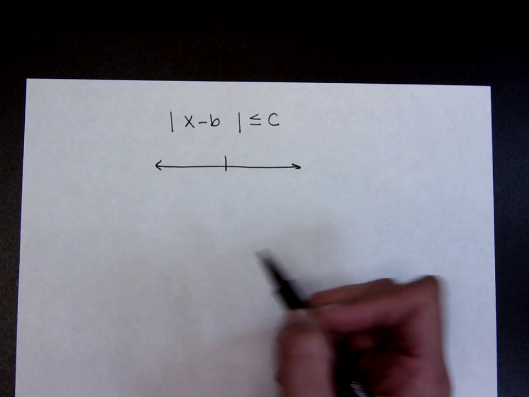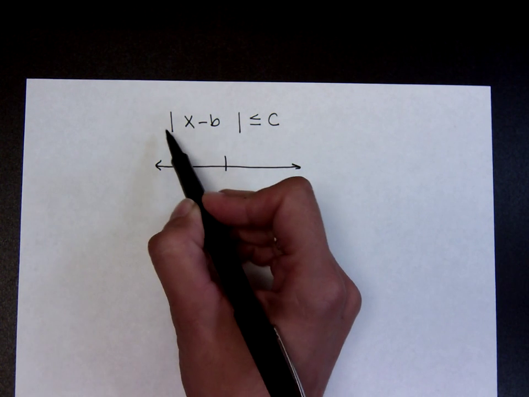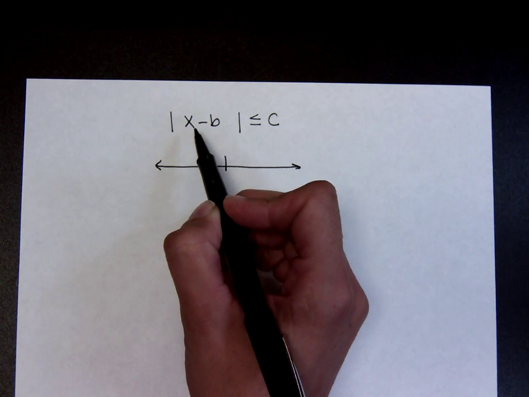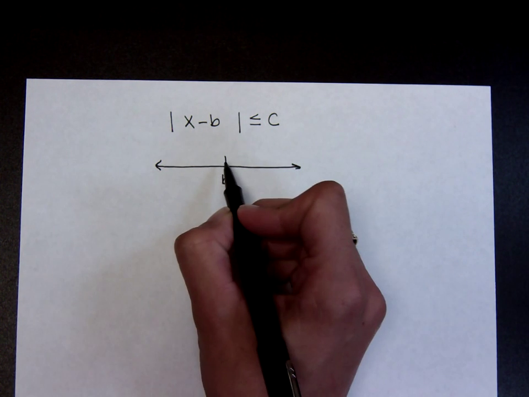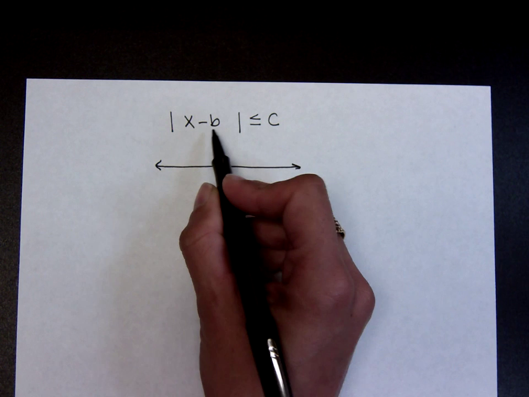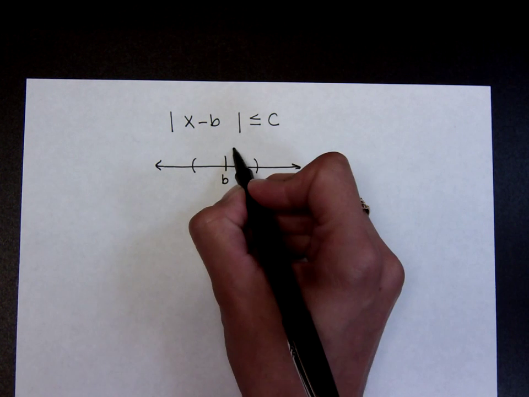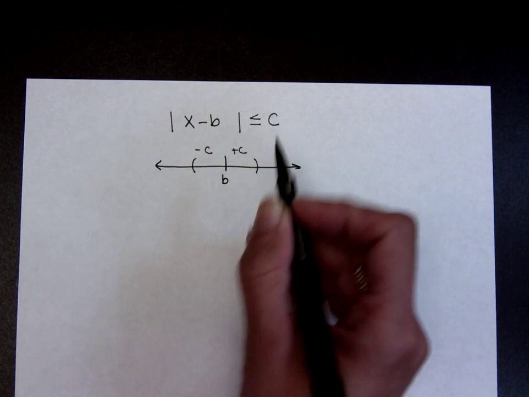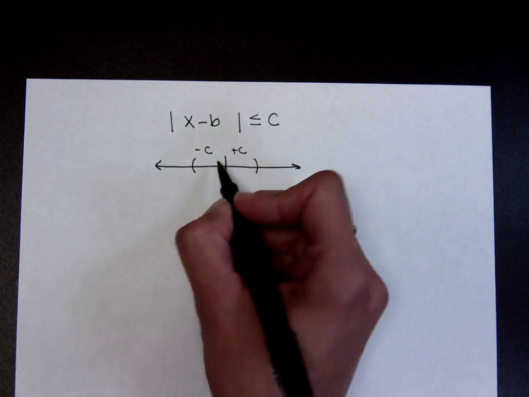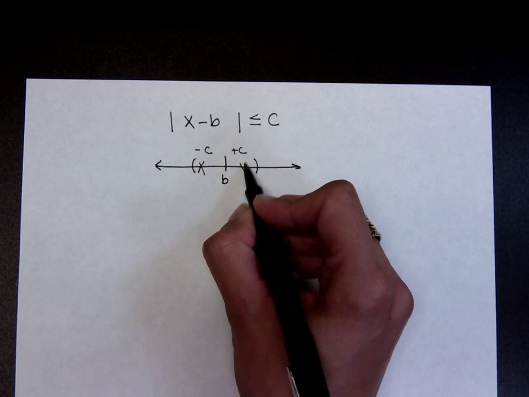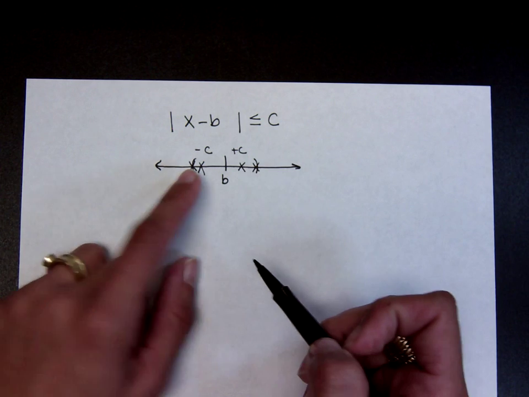So here we're saying, well, we don't know what possible x can satisfy this inequality, but we want that distance between b and x to be within a certain c, right? So we can go down c units or up c units, but that x has to fall within this range, okay?